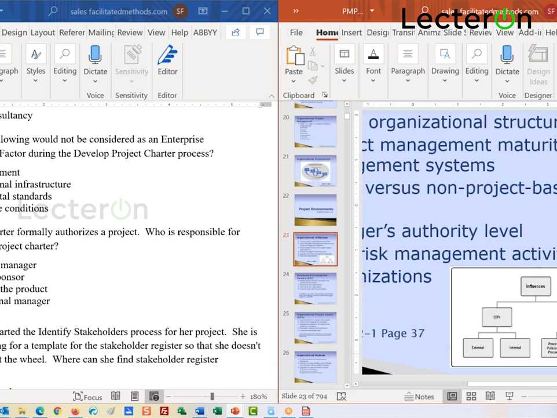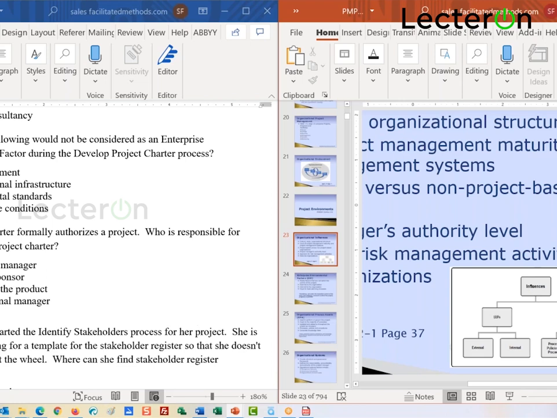And your historical information is also considered to be an asset to the organization, to the project, that you can use. OPAs stand for organizational process assets, whether they're policies, procedures, templates, whatever. Historical information, those are assets to the organization that you would use.